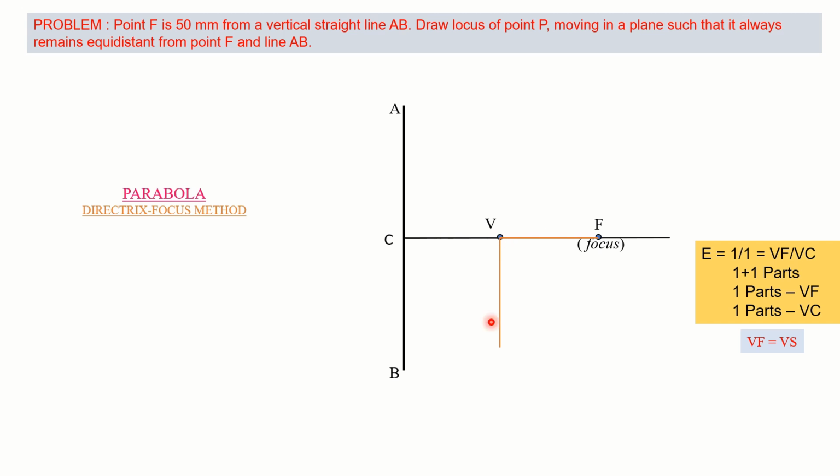So in the middle I'm fixing the V. As we followed the steps in the earlier ellipse, I need to draw a vertical line along the V. This length should be equivalent to the VF. VS should be equivalent to VF. So now I'm joining the C and S and I'm extending the line.